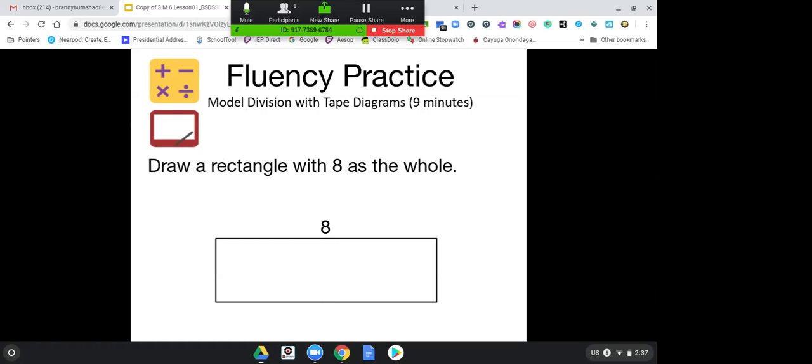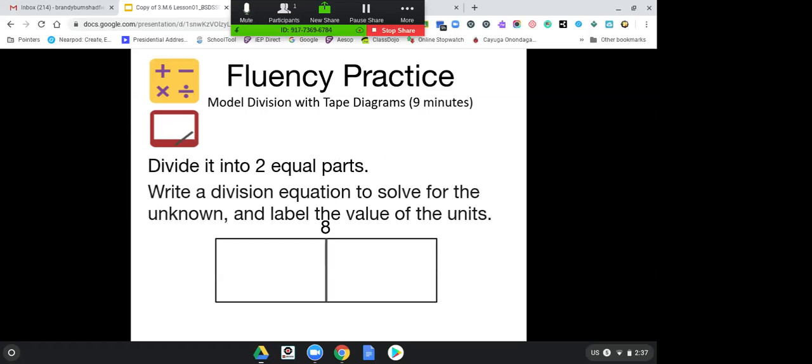Draw a rectangle with 8 as the whole. Divide it into 2 equal groups. Again, you'd split it down the middle. The division sentence would be 8 divided by 2 equals 4. And if that was a tape diagram, you would see a 4 in each box. 4 plus 4 equals 8.